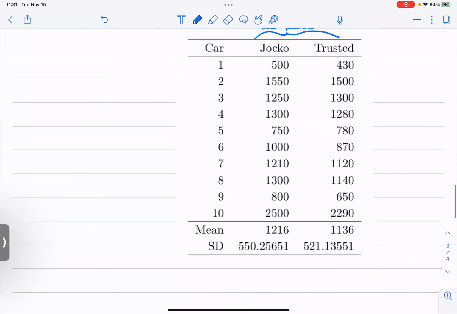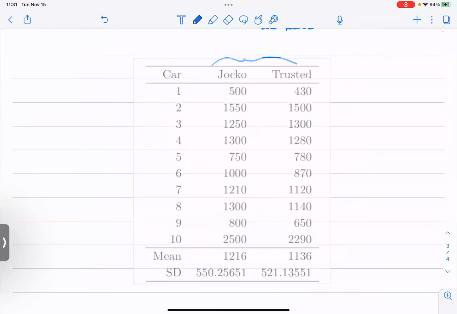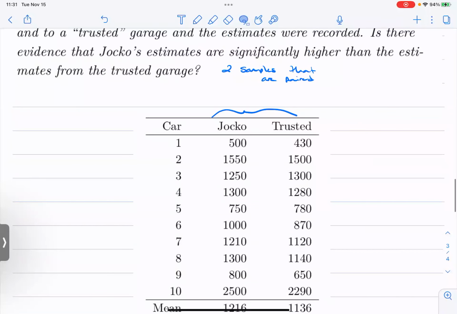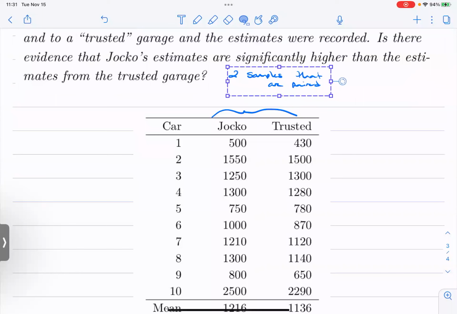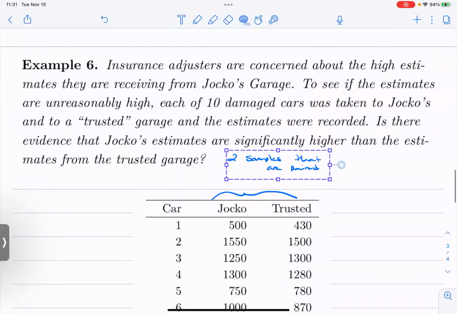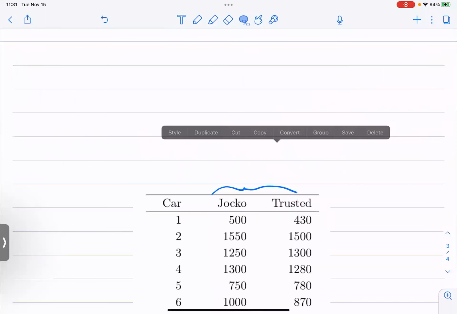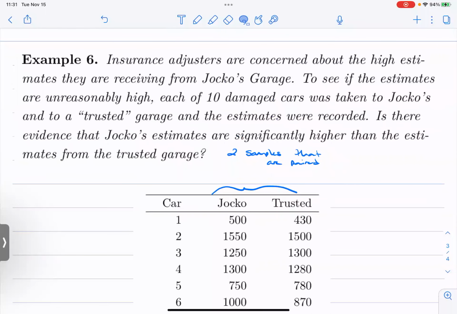Maybe what I'll do is I'll just bump this down, give myself a little bit more space here. Whee! How do I? Okay, looks like I'm gonna rewrite this. That's okay. Oh my gosh.